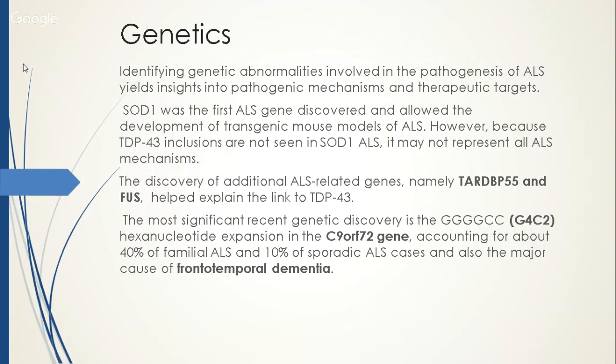Hence, it was found that there are multiple mechanisms that lead to this disease. In addition, other genes, for example TARDBP, plus, most recently, the C9orf72 gene. I actually don't know how it is involved, but it was found to be involved in the frontotemporal dementia in cases of ALS.